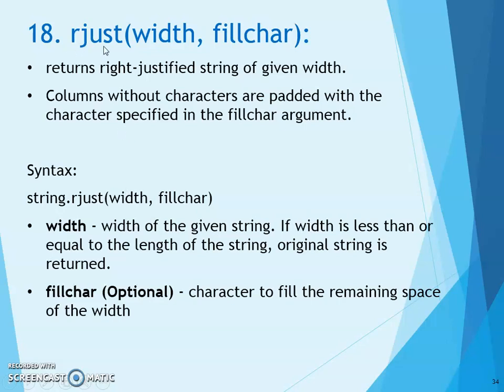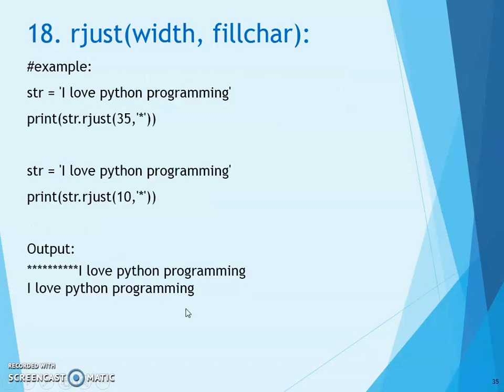Next method is rjust, that is right justified. This method returns a right justified string with a given width. If fillchar is mentioned, then that character will be filled at empty places, otherwise space bar will be filled. So this is the example.